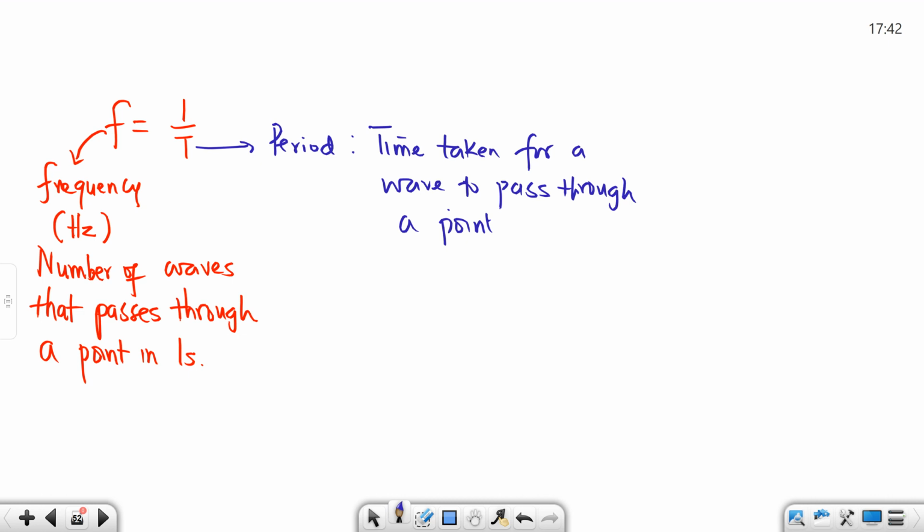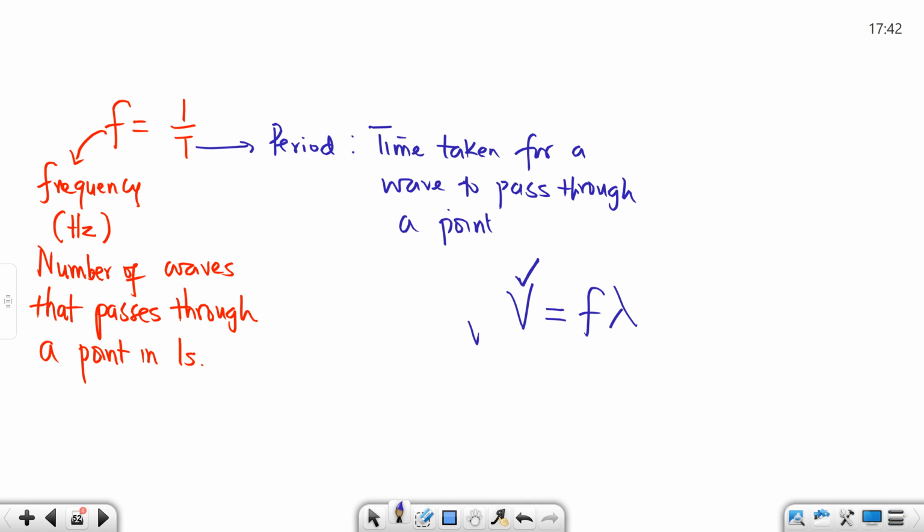The reason this one will not work is that they did not give me time on this graph. If I want to use this formula, my x-axis should have been time. We can get frequency from another formula. There's a formula again that says V equals F lambda. We use this one in matric too.